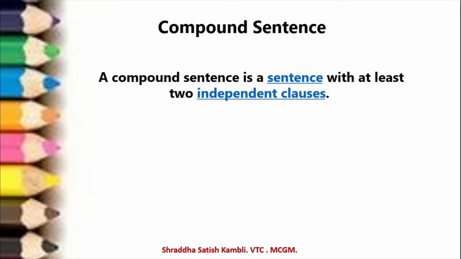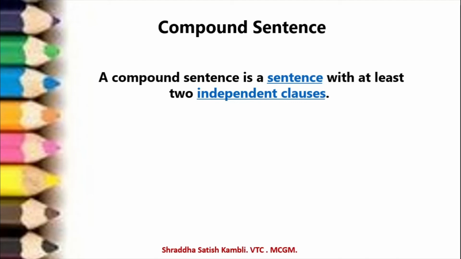If you remember what your teacher has taught you in science about compound leaves, a compound leaf is a very big leaf which has got many small leaves inside, isn't it? In the same way, a compound sentence is a big sentence with small independent sentences inside.